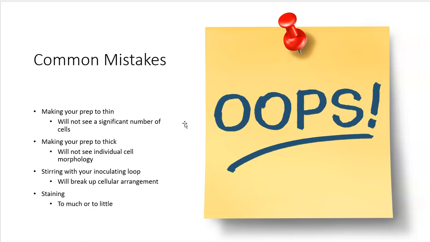What is definitely more common is making the prep too thick, which means adding way too much bacteria. In microbiology, less is more. So when you go to collect a sample of bacteria, you may not see anything on your inoculating loop. And that's perfectly fine. They're microscopic. There's probably thousands and thousands of them there.